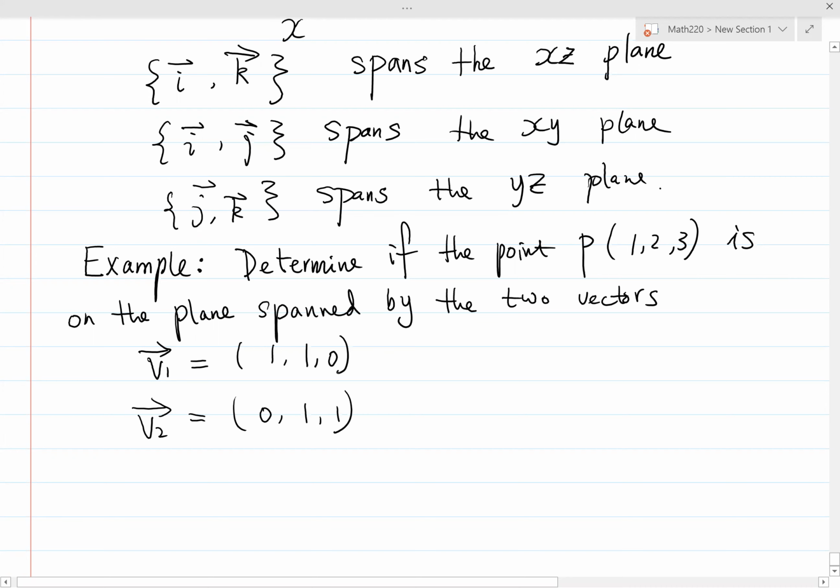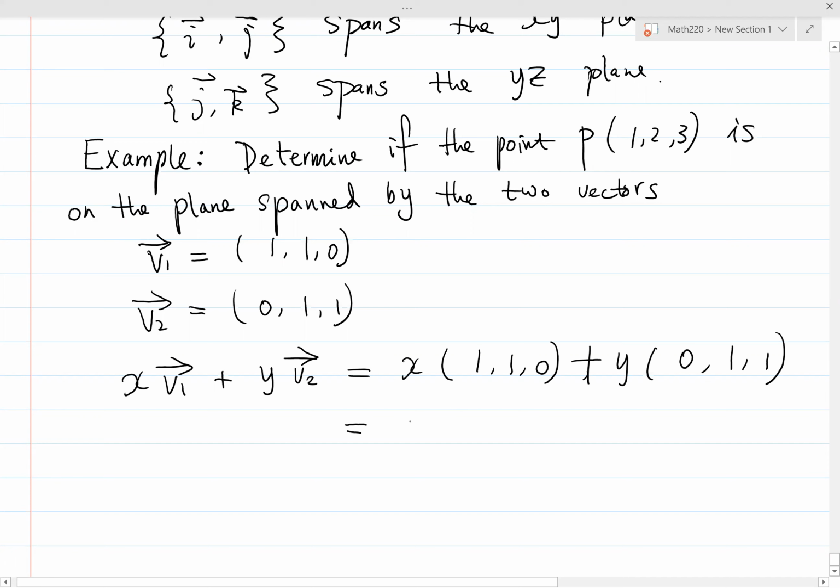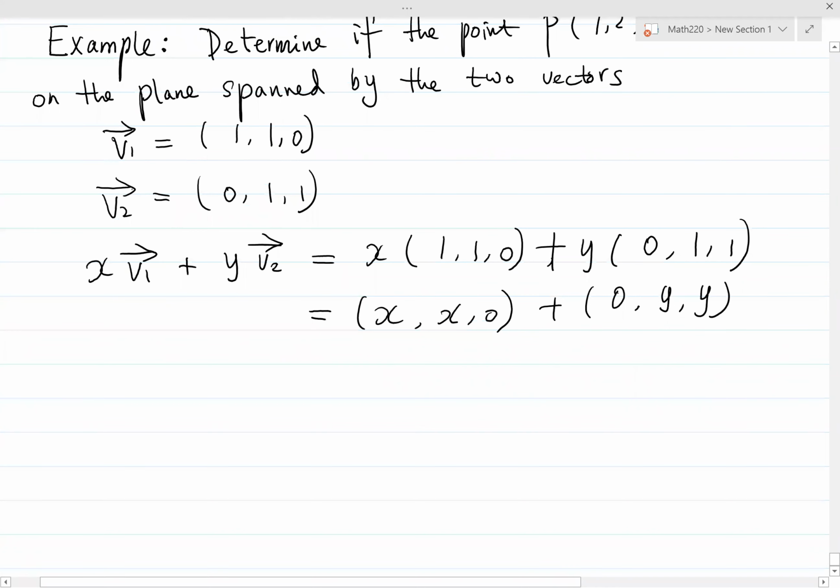Let's see what the span of V1 and V2 is. The span of V1 and V2 is all linear combinations of V1 and V2. So this will be x multiplied by 1, 1, 0 plus y multiplied by 0, 1, 1. Distributing, x times 1, 1, 0 gives x, x, 0, and y times 0, 1, 1 gives 0, y, y. Adding component-wise, you get x, x plus y, y.